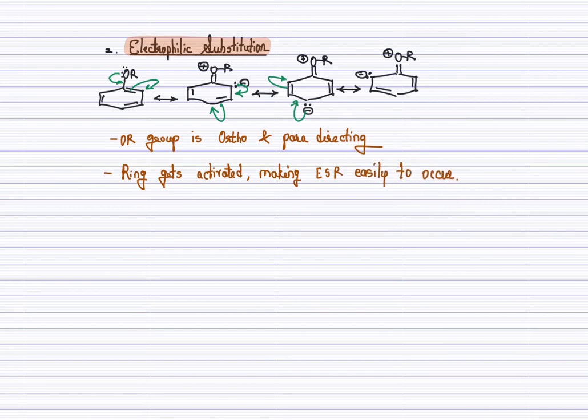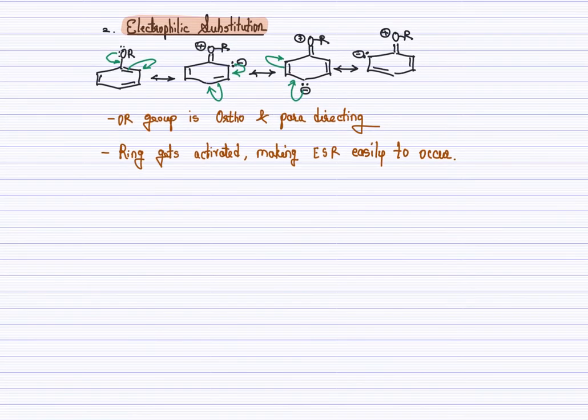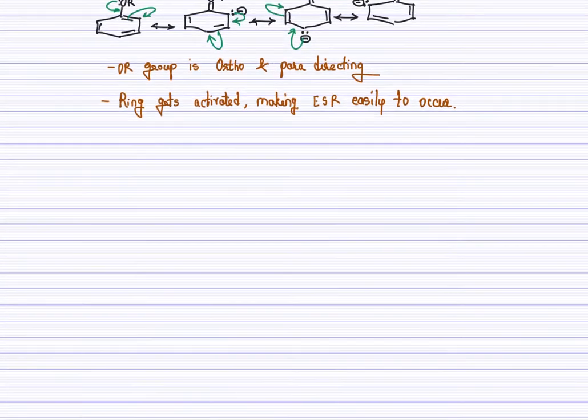So basically, there are two things: when you have an alkoxy group on the ring, electrophilic substitution reactions are easier to occur, and that's because of activation. And two, the alkoxy group is ortho-para directing. So let us take up some of the unit processes or the basic reactions in this category.